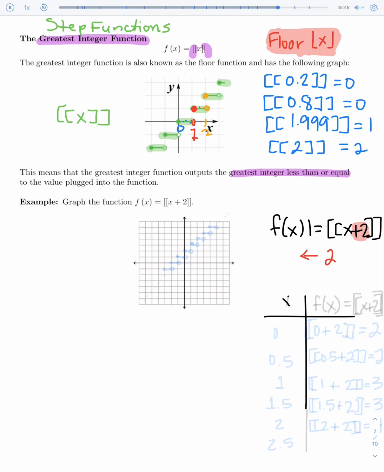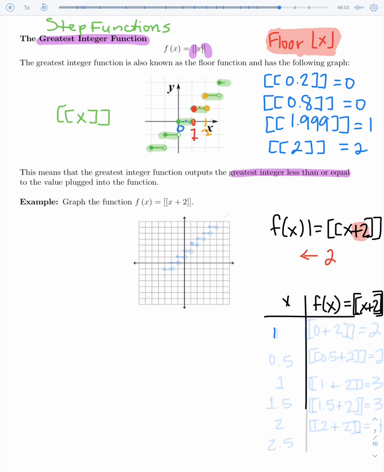But the idea with our step functions is that we need to make sure that we're plugging in decimals, because that's what's going to vary from piece to piece, what's happening with our decimals, not really what's happening with our whole numbers. So let's plug in a few values.